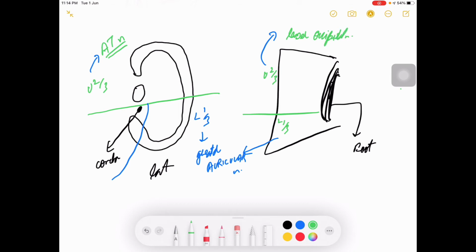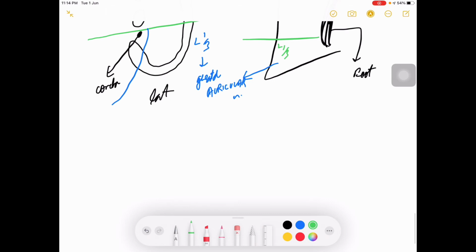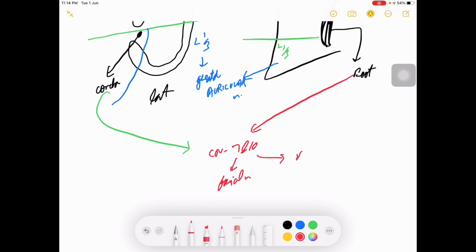I am talking about the sensory supply. Now we are left with the concha and the root. They are basically supplied by the cranial nerves 7th and 10th, that is your facial nerve and vagus.